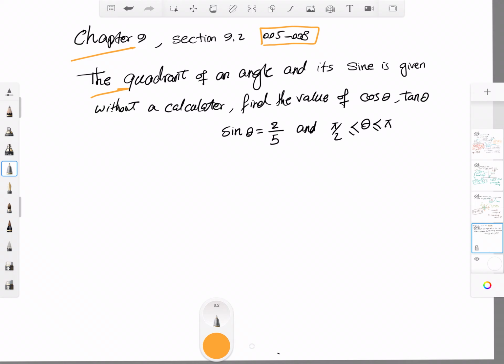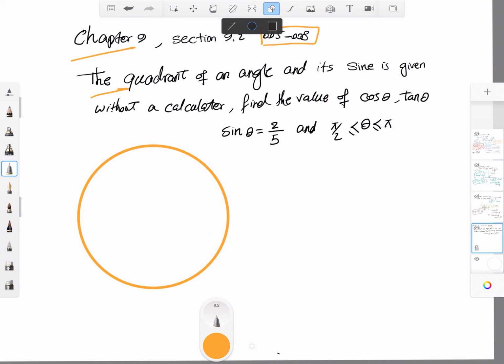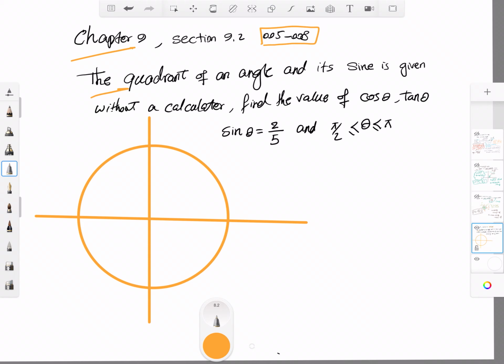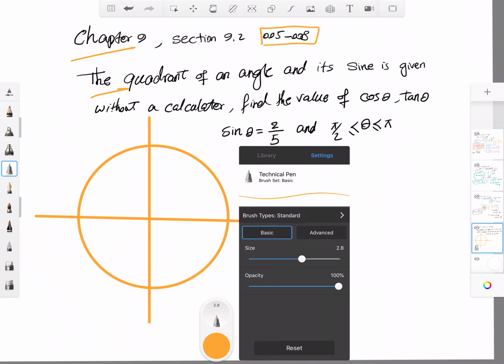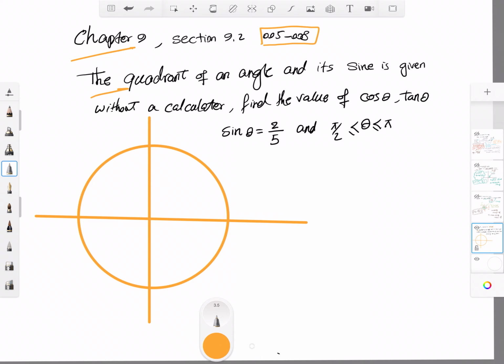So we have a circle, for example, and we have this is quadrant 1, that's quadrant 2, that's quadrant 3, and this is quadrant 4.